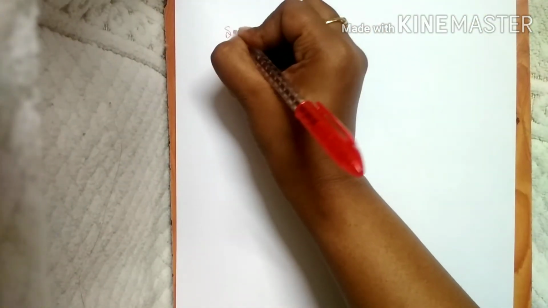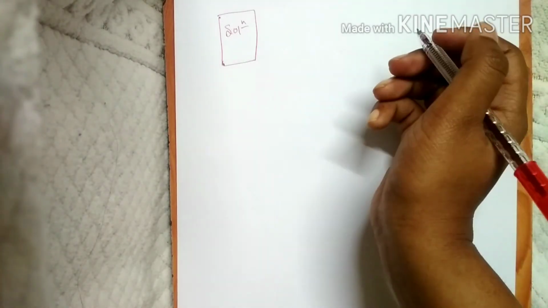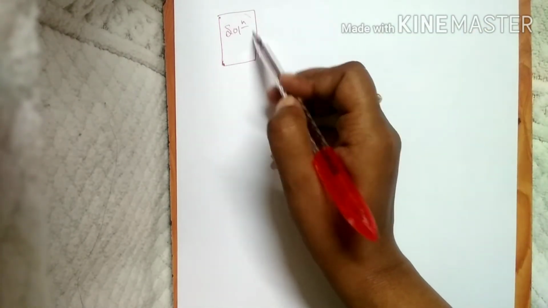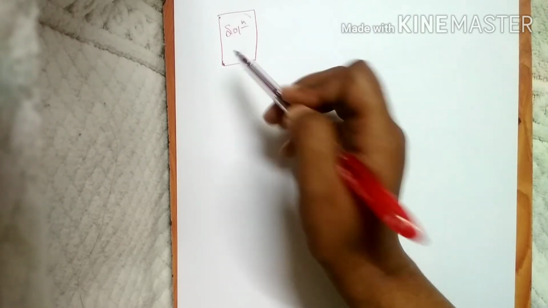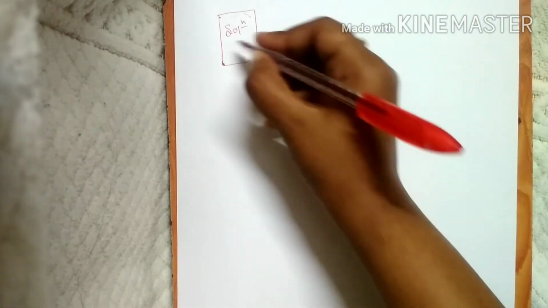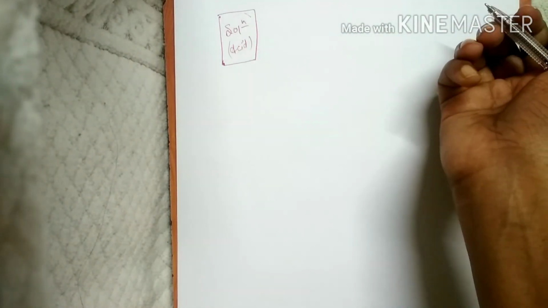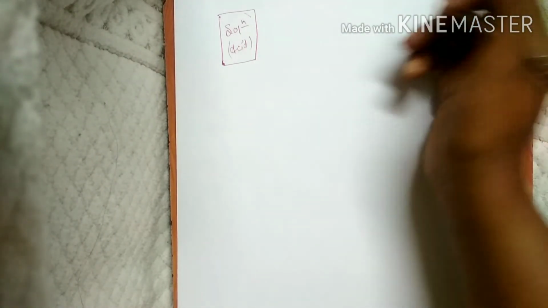Now we are going to discuss how to find out the normality of an unknown solution. Suppose you have been given a bottle of solution, and you have been told to find out the normality of the solution present in that bottle. Suppose they have told you that it is a bottle of an acid, some type of acid is present there. So how to find that out?